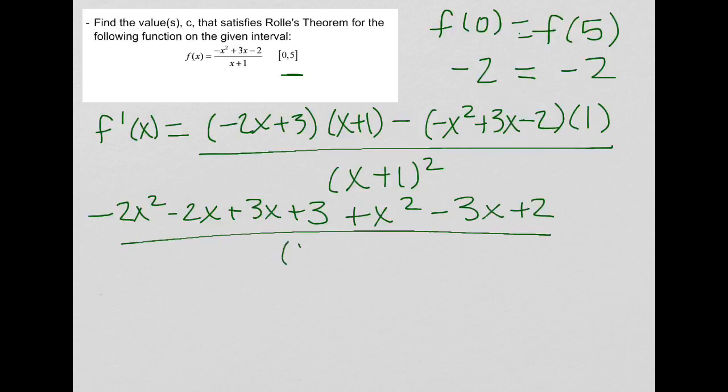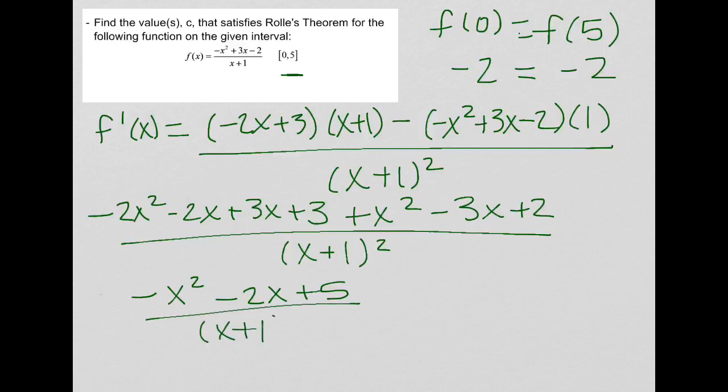And that's all over x plus 1 squared. And so I would get a negative x squared minus 2x plus 5 over x plus 1 squared. And I want to know, when does that equal 0?